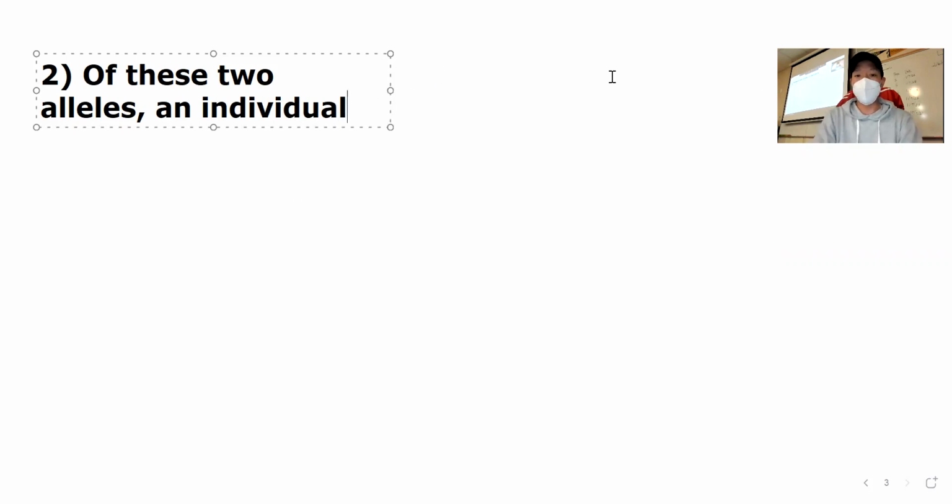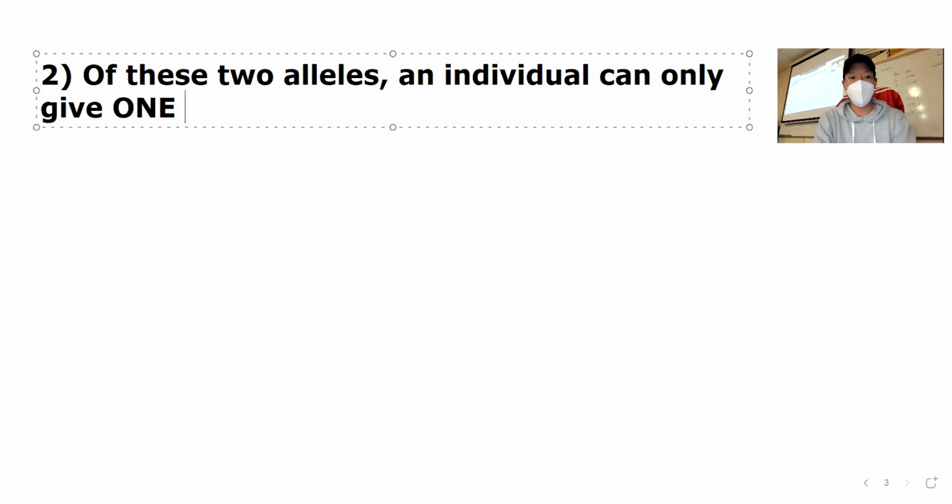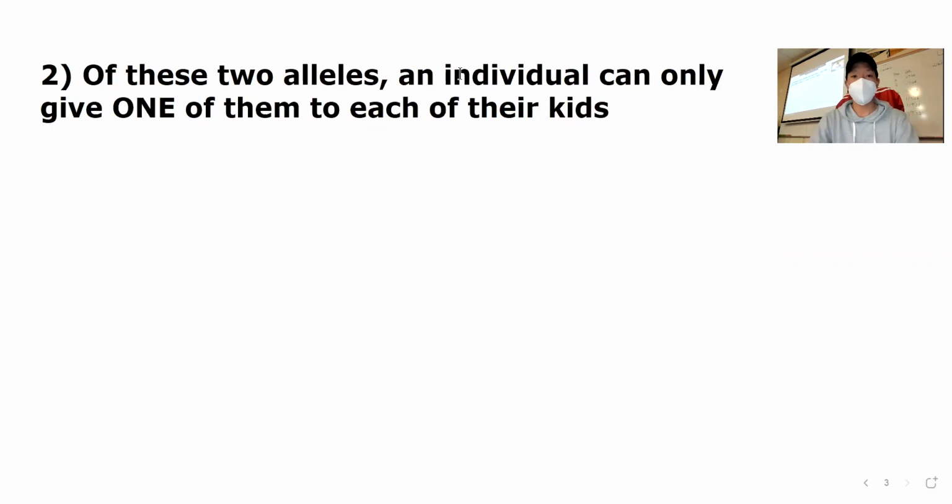Of these two alleles, an individual can only give one of them to each of their kids. So, for example, I'll draw the chromosomes out just to give you a visual here, okay?